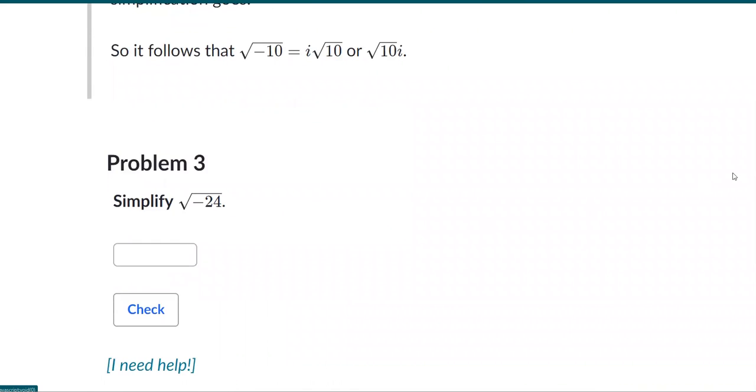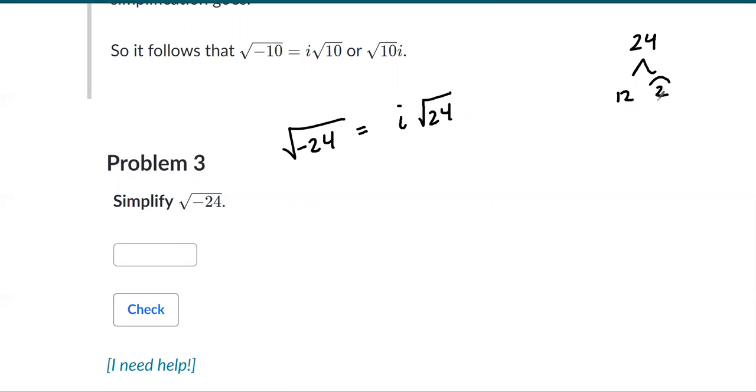The root of negative 24. All right, so let's work this one out here. If I have the root of negative 24, that's the same thing as i times the root of 24. When you think of 24, let's do the factor tree real quick here. 24 is 12 times 2. 2 is prime. 12 is 4 times 3. And this 4 is 2 times 2.